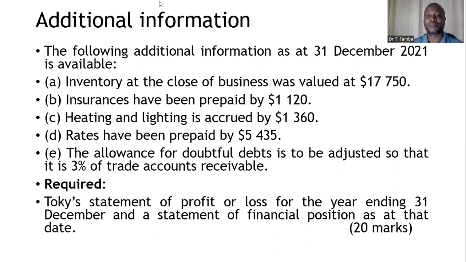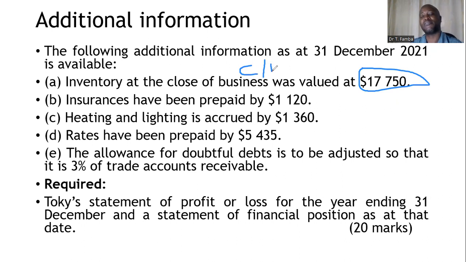Let us review the information that we have. Item number 1 is inventory at the close of business. So this inventory is coming at the close of business, which means this is our closing inventory.